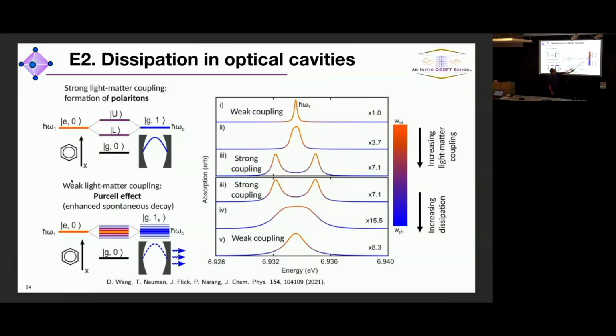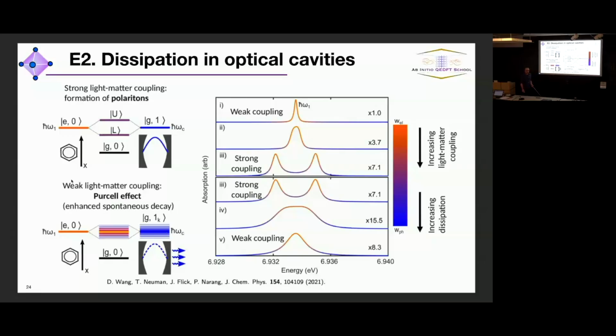The coupling strengths, these lambdas, are still the same in this simulation as in this one. But now we have more photon modes and the spectral response of the cavity is just broader, so we increase the dissipation.